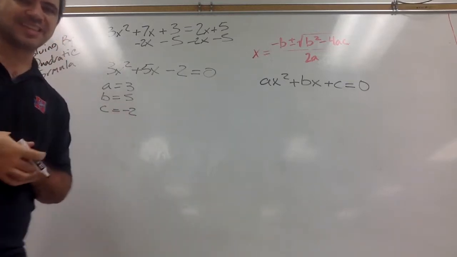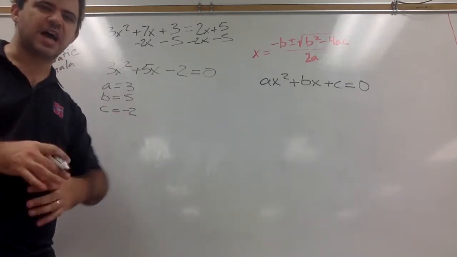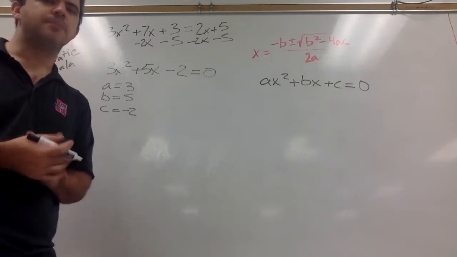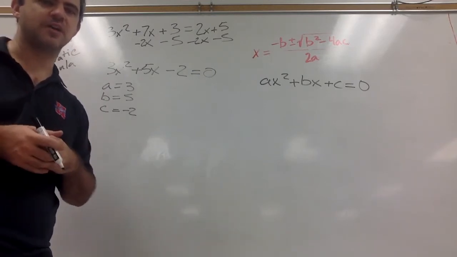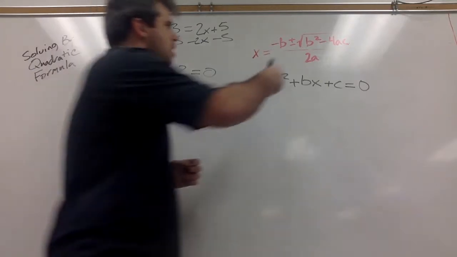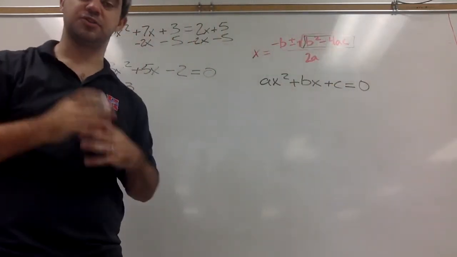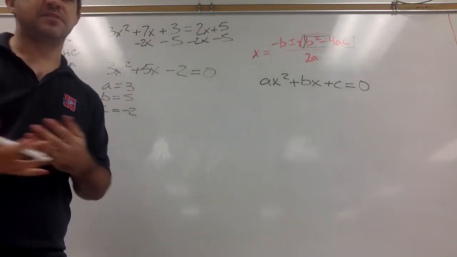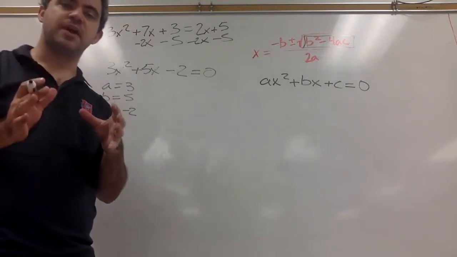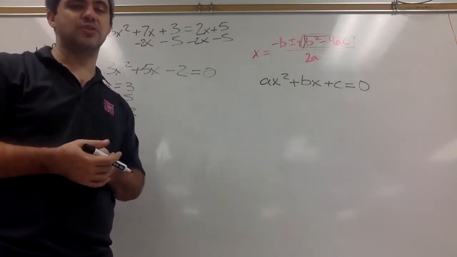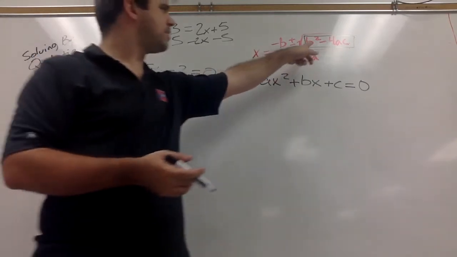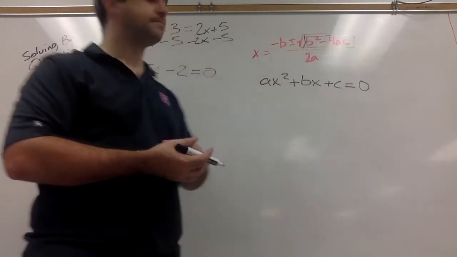Now, I teach this slightly different than some other teachers. I suggest when you're doing this by hand with a calculator, that you start off with this bit under the square root. This is called the discriminant. It's a useful piece of information anyway, but I like starting there so we don't have to write quite so much. So let's start with b squared minus 4ac.